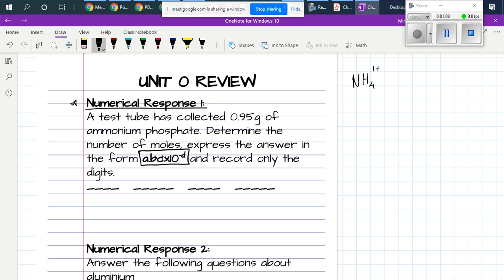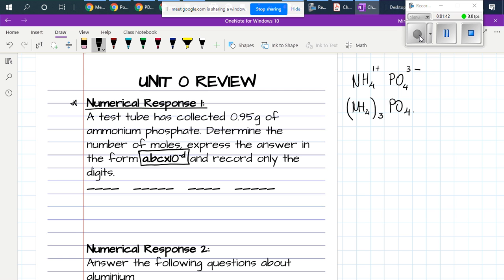Phosphate is another polyatomic ion, PO4 3 minus, sorry, 3 minus, not 3 plus. So the chemical formula for ammonium phosphate will be (NH4)3PO4.